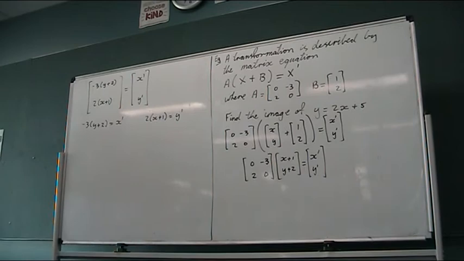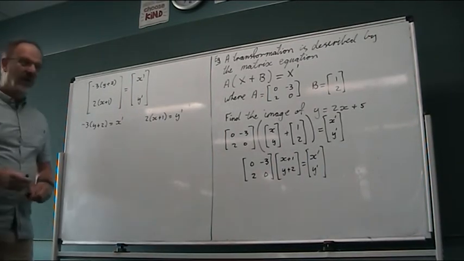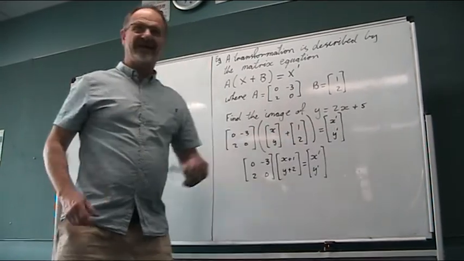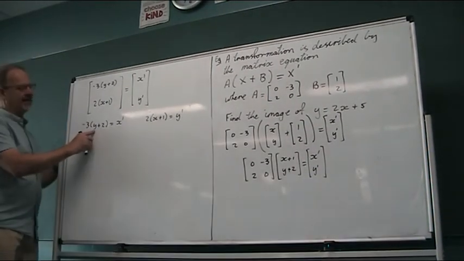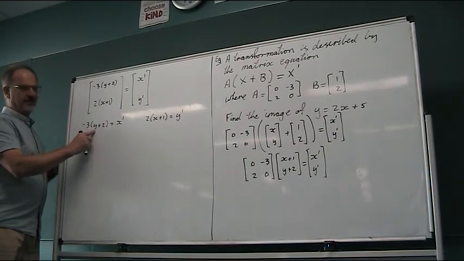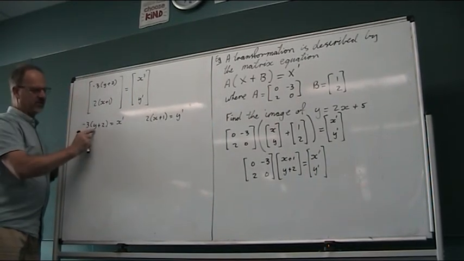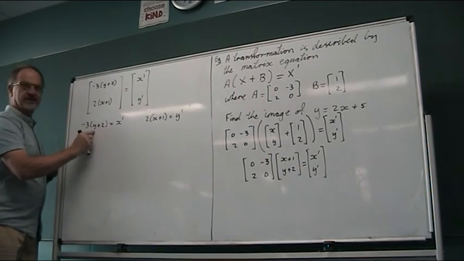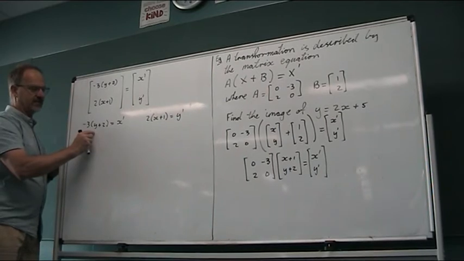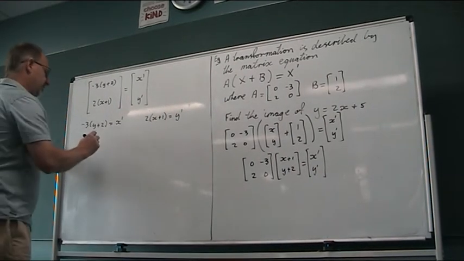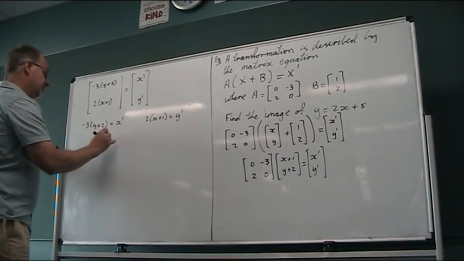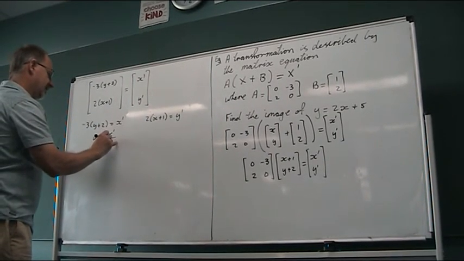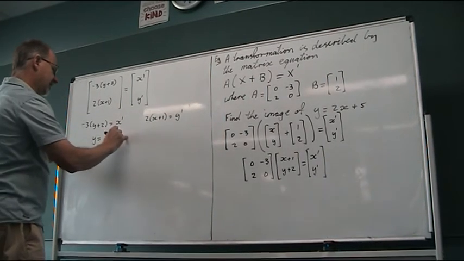We need to get expressions for y and x. At the moment, here's the line here. We've got to replace our original y by an expression, and so here it is. So we need to get it by itself. When we get it by itself, we divide by negative 3 and then take 2.